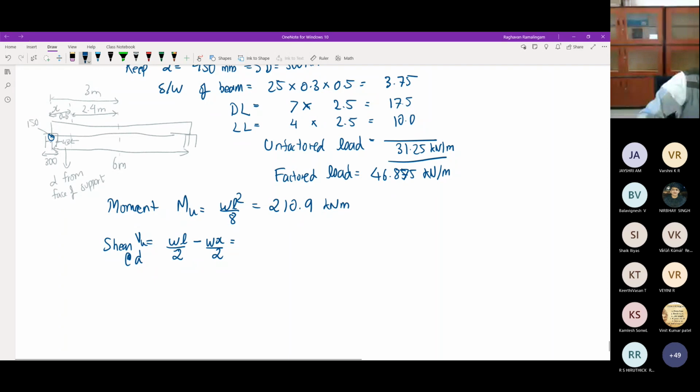Oh, sorry, correct. This 2 will not be there. It's Wx only. It's not by 2. Now you'll get 46.875 into 3 minus 46.875 into 0.6. Then you get 112.5. Yeah, that's correct.